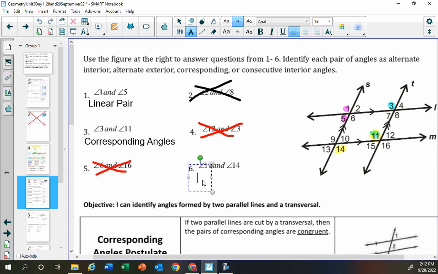Now, I don't think on a test or quiz you're going to see anything of this type. It's going to mostly be either top half, right half, left half, bottom half. You're not going to have something this big. I just want everybody to see, though. This was just a quick look. It's rare, I don't think I did this on a quiz or a test, but there might be times when you could see a diagram with 2 sets of parallel lines.